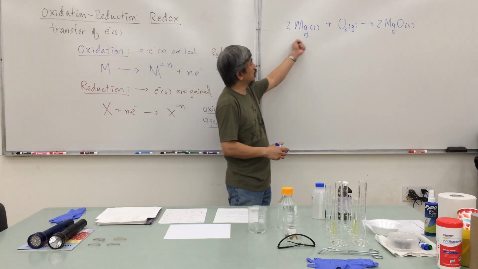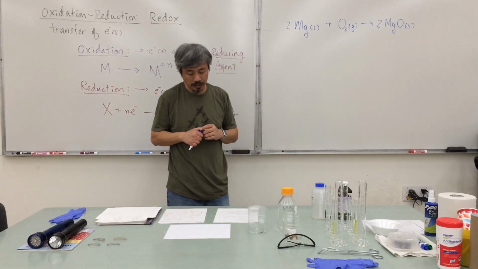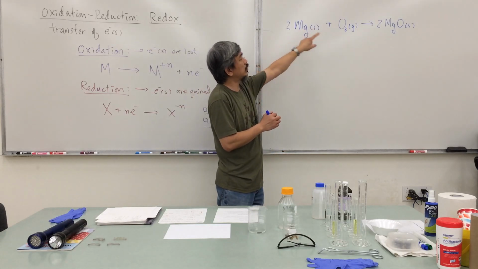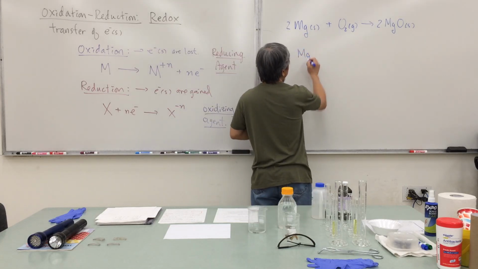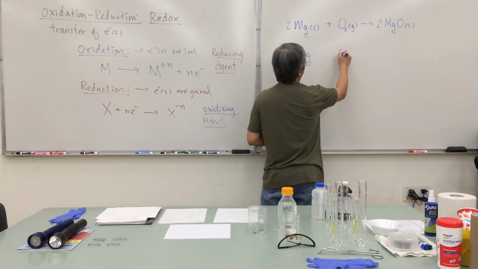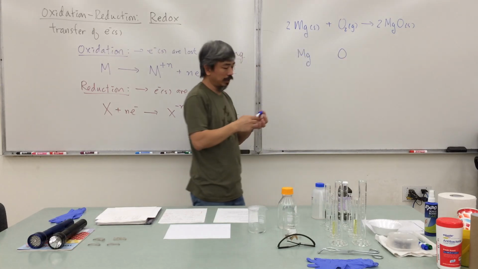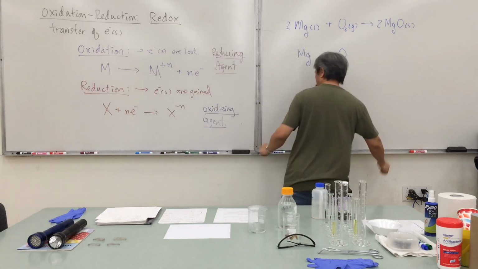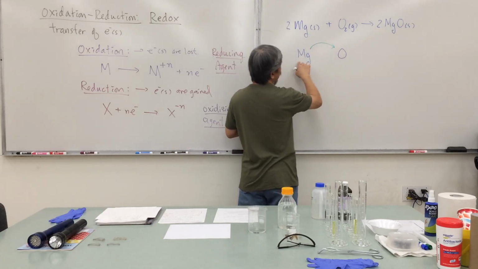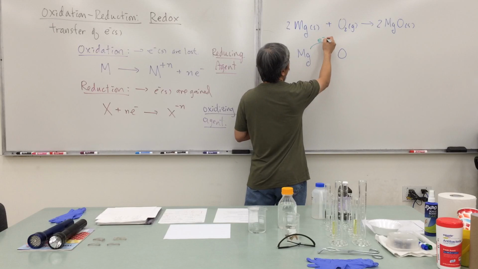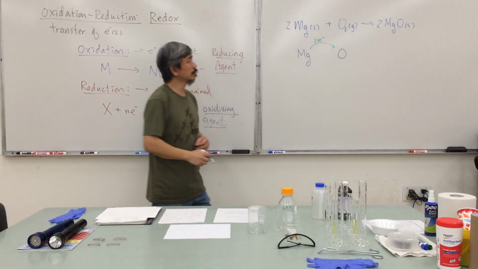This is now an oxidation-reduction process, because in this case the magnesium is giving up electrons. You can think of the magnesium starting off as a solid, and the oxygen sitting over here, say I have 1 to 1 at this point. Then electrons will migrate from the magnesium over to the oxygen.